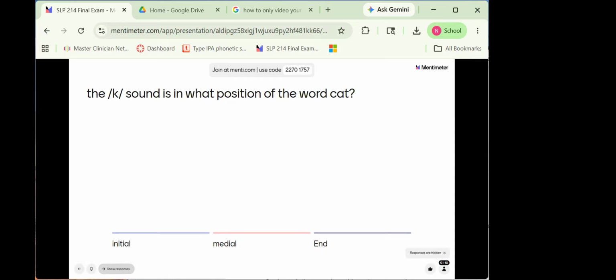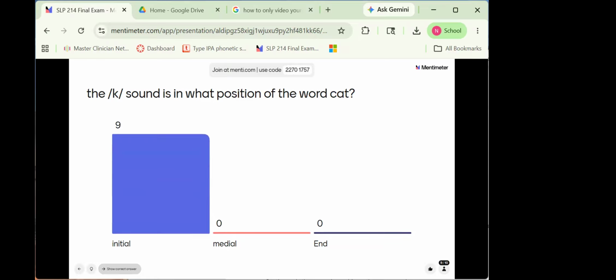The sound is in what position of the word cat? Let's look at our responses.